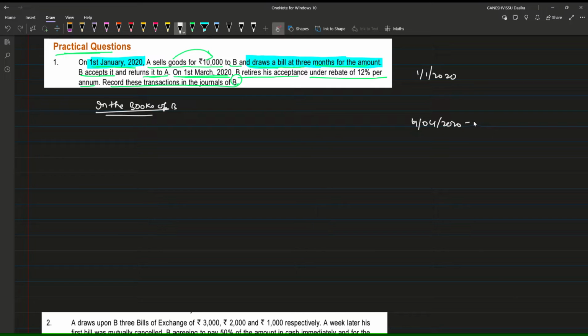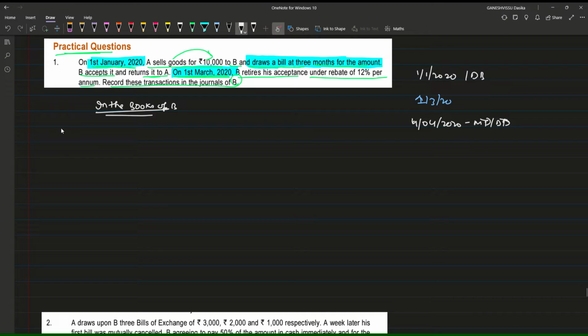So this is the maturity date or due date. This is the date of bill. And B has retired the bill on 1st March 2020.